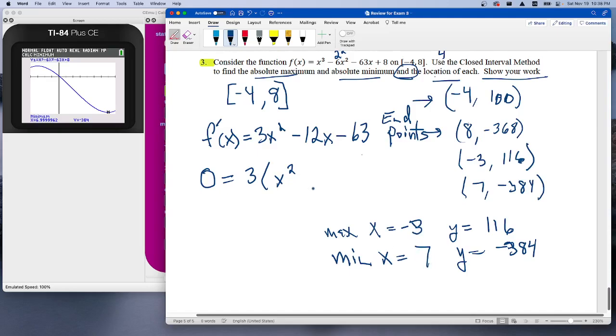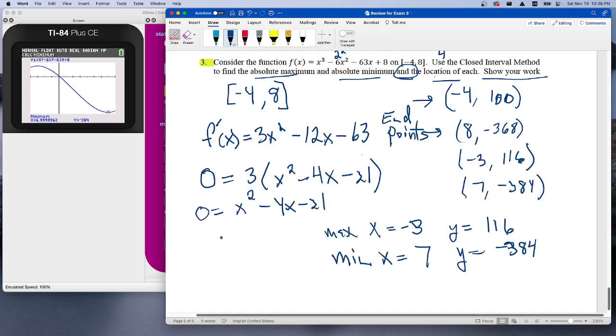Negative 3 and 7 is where we're going to get zeros, so we know we're able to factor this. We take a 3 out, then that's 3 times 7, so that's 21. So we can divide both sides by 3, so that still gives us 0. It's not going to contribute anything.